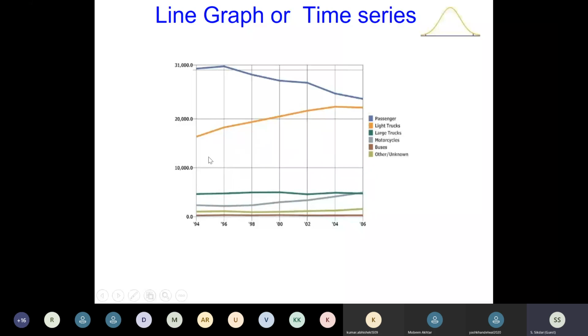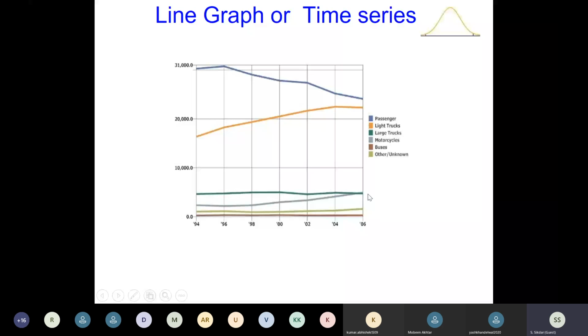You can say from here that in 1994, 1996, 1998, the production has increased for some, like light trucks, whereas motorcycles almost remained flat and picked up after 2004, 2006.